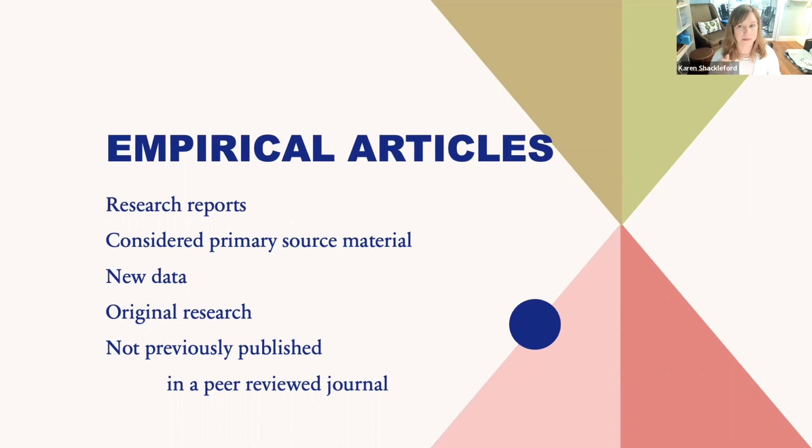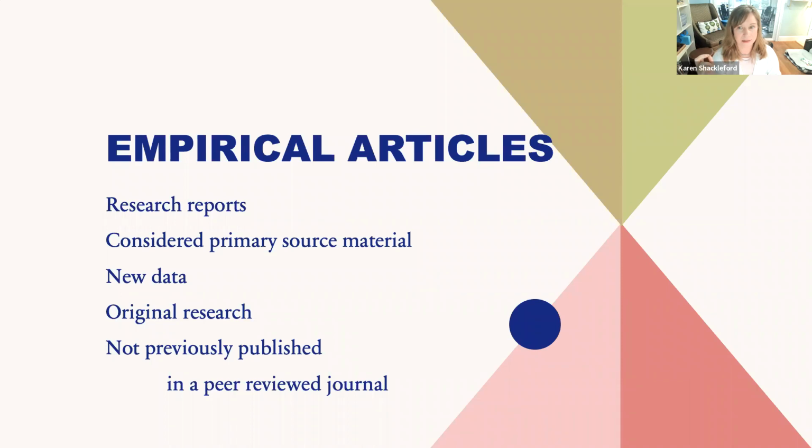This means data collection. So research reports, a report of an empirical investigation, which includes new data. So you've done an original study. It's original to you. You created it. It's new. It's not been previously published in a peer-reviewed journal.